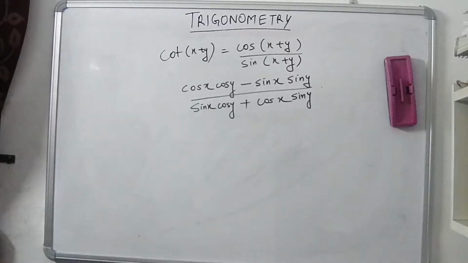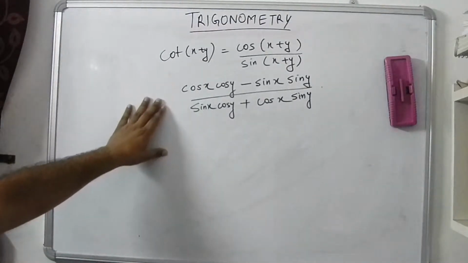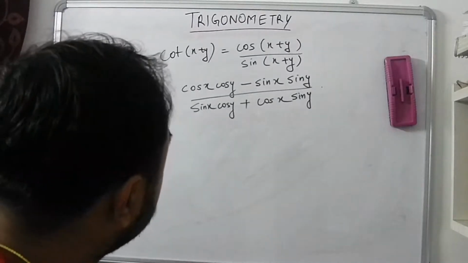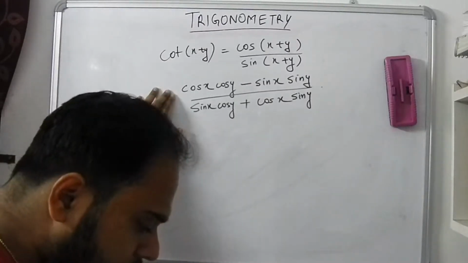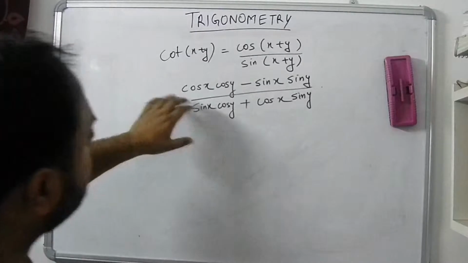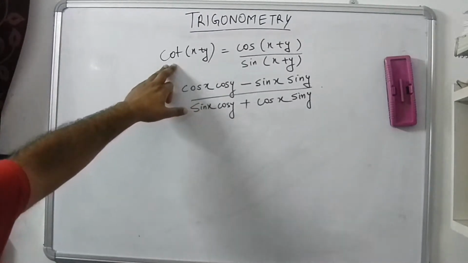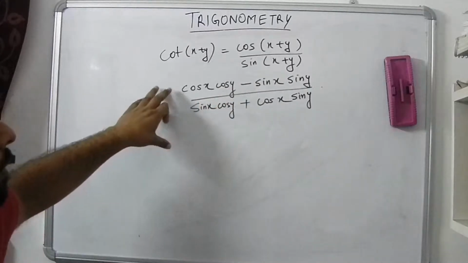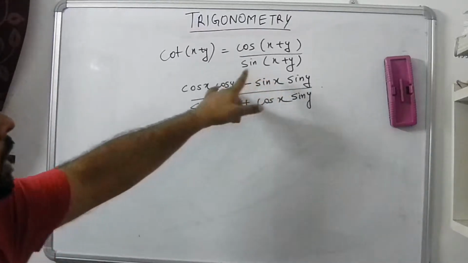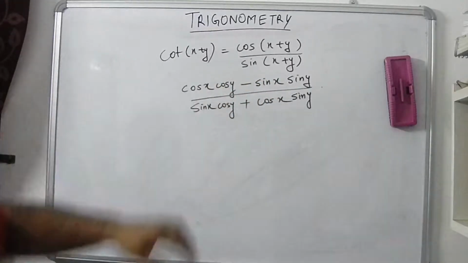Now here in this case, what we can do is let's divide again by cos x cos y. Or rather, let's divide by sin x sin y, because what we want is, since we are expanding for cot, we need cot here. If we divide by cos, it's going to become a tan. Instead we want a cot, so let's divide by sin x sin y.